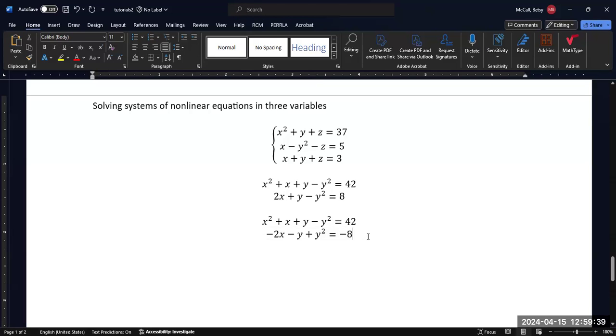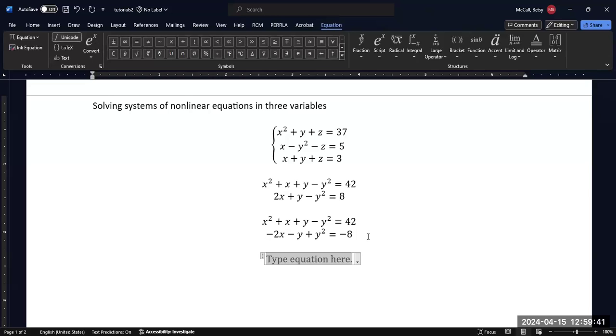and then I'm going to add these two equations together, and that's going to get me x squared. X and minus 2x is going to give me minus x. Y and minus y, 0, minus y squared plus y squared, 0. 42 minus 8 is going to give me 34, I believe.